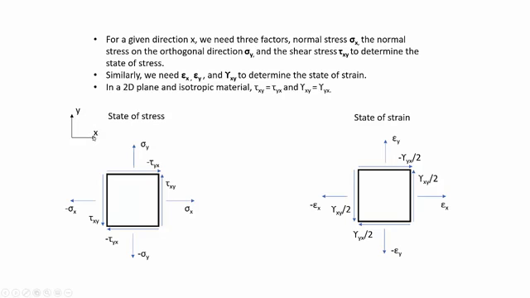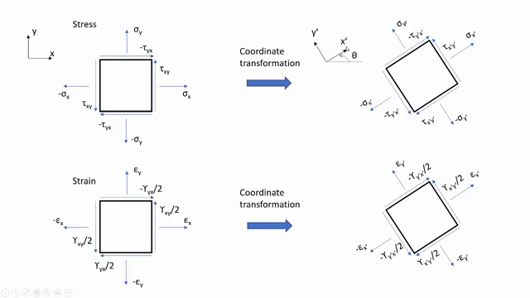Once we determine the state of stress for a given x direction, the different direction of x prime can be considered as a change in the coordinate system. So in mathematics, there is an equation to calculate the changing of coordinate system simply by assuming rotating the xy coordinate by an angle of theta. Okay, so the same concept can be applied on strain.